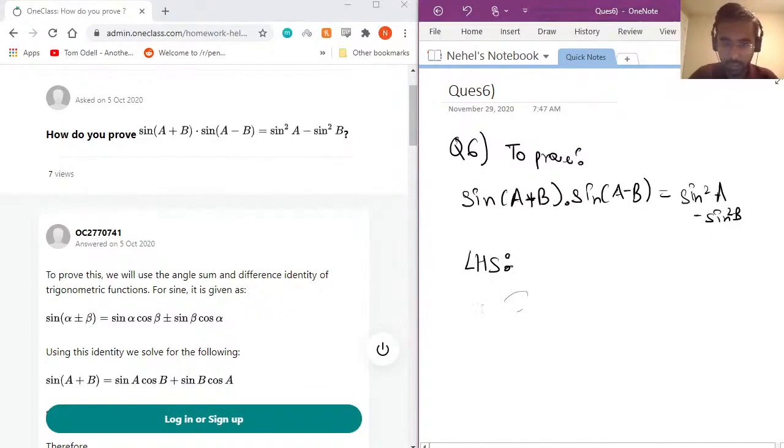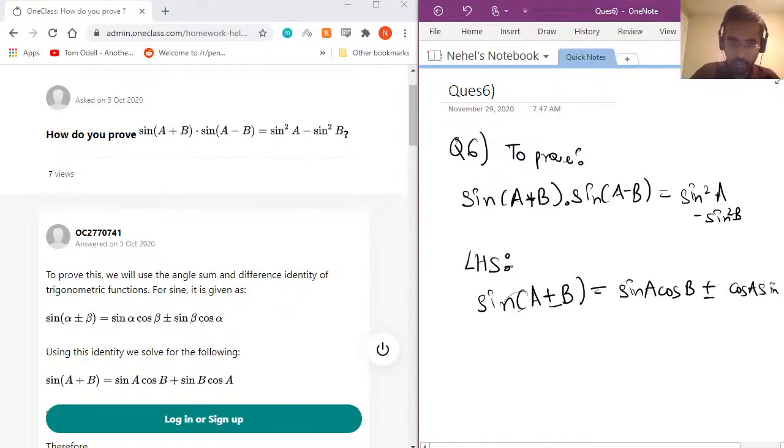The identity goes that sine of a plus minus b is equal to sine a cos b plus minus cos a sine b. So in case this is a plus, we get another plus, and if it's a minus in sign, we get a minus.